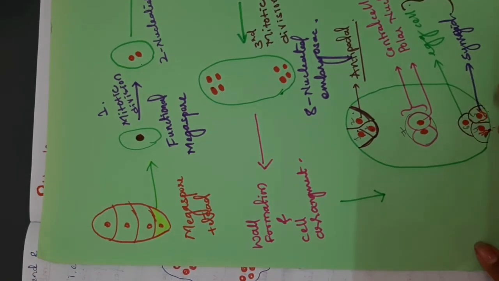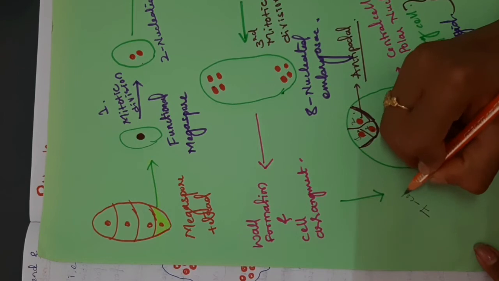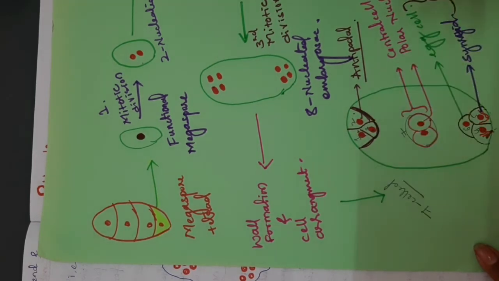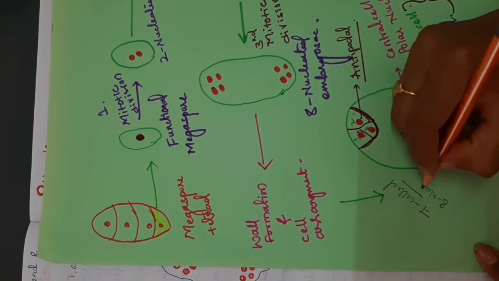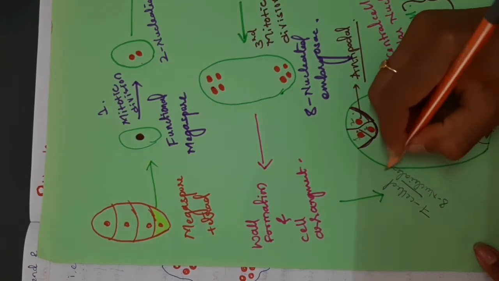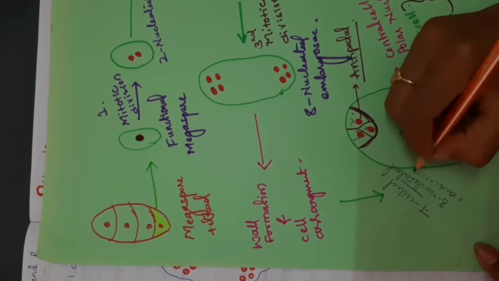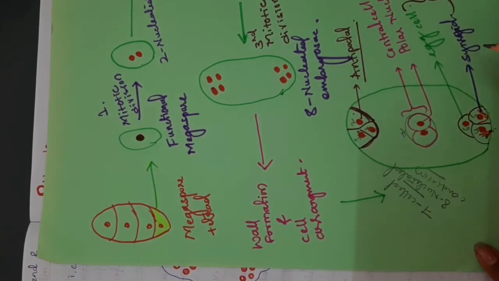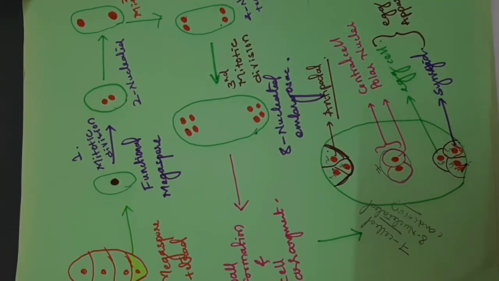This matured embryo sac have a 7 celled and a 8 nucleated condition. This one is a structure of typical embryo sac. I hope all of you getting this point.